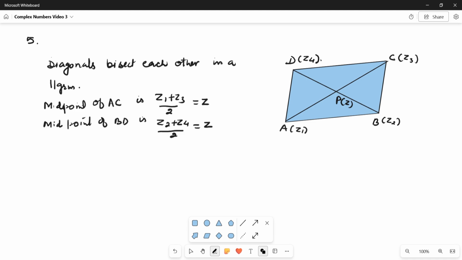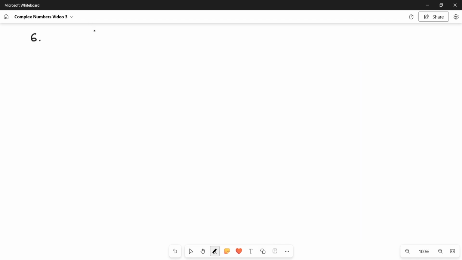It is also Z. Therefore, from these two results, we can see Z1 plus Z3 is equal to Z2 plus Z4.